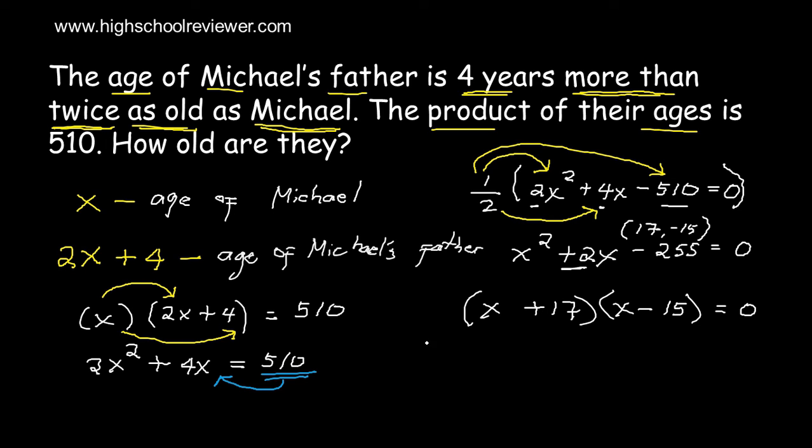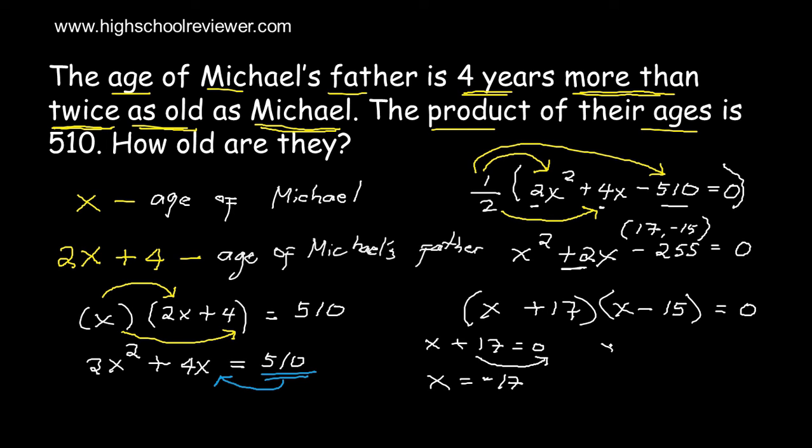To solve for x, we have x plus 17 equals 0. We will transpose positive 17 to the other side, so x is equal to, from positive it will change sign, negative 17.